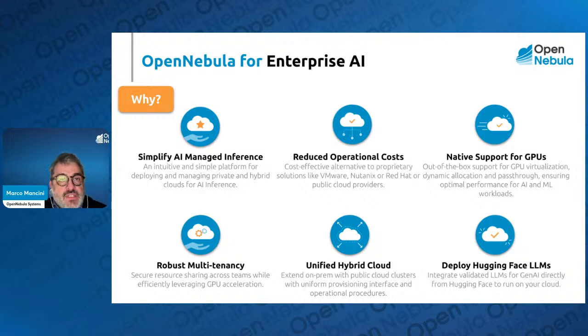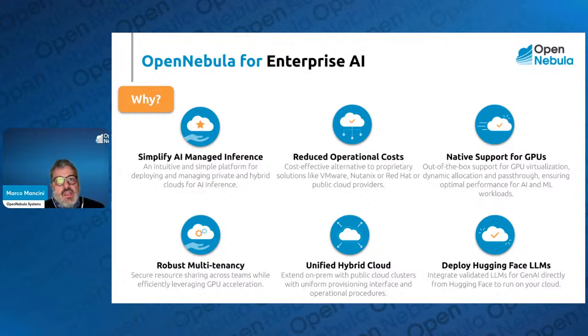Another important point is multi-tenancy. OpenNebula is a cloud management platform that has been designed with multi-tenancy. In order to share resources, in this case we are talking about GPUs that can be used for different types of deployments and workloads, you need different features that allow you to secure the resources across different teams, across different organizations.